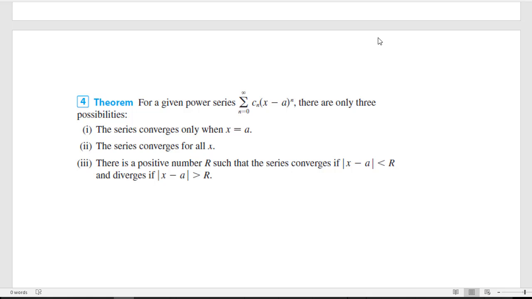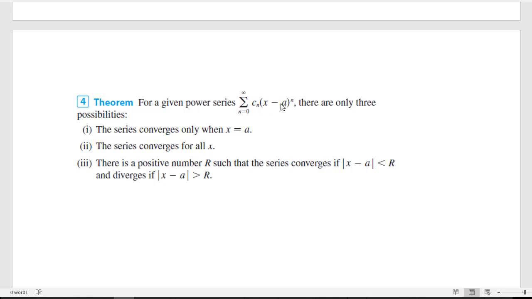So there is a theorem, a result in every calculus book, that basically says every power series converges. It's only going to converge in one of 3 possible ways. The first way it could converge is only at a singular point, at x equals a. If we center the series at a, when I plug in x equals a, I get a minus a, which is 0 to the n.